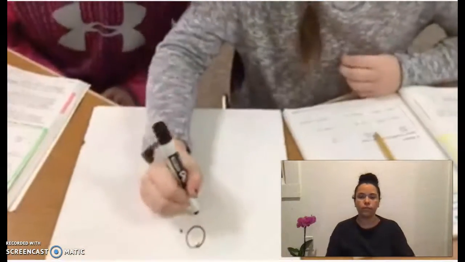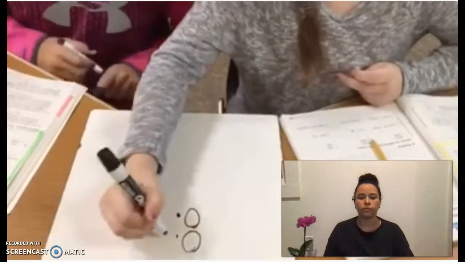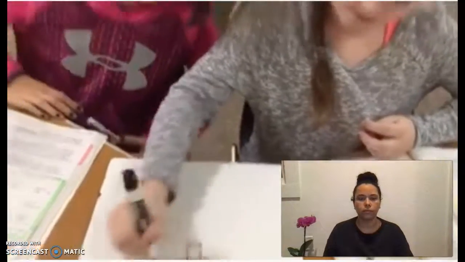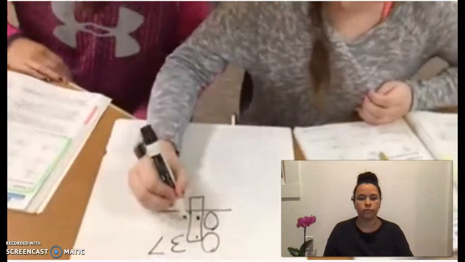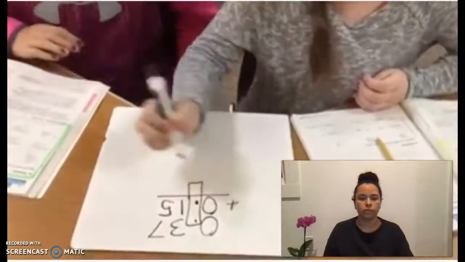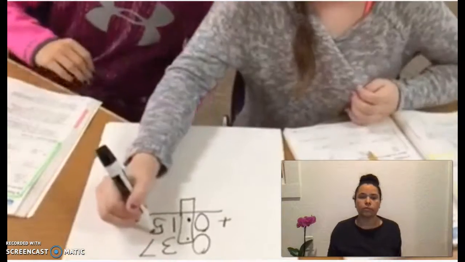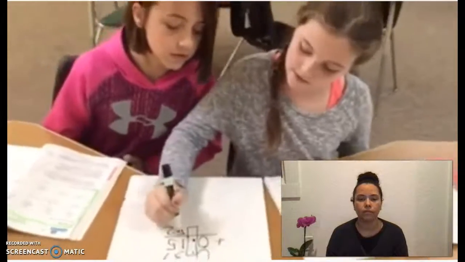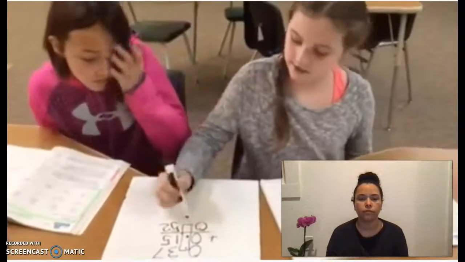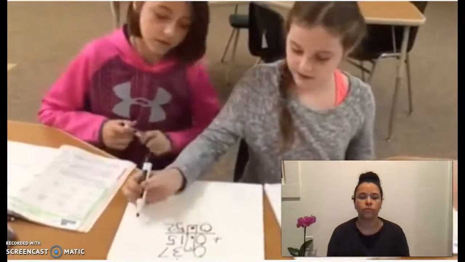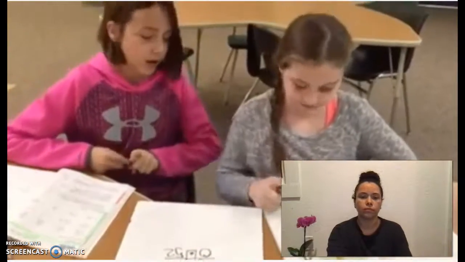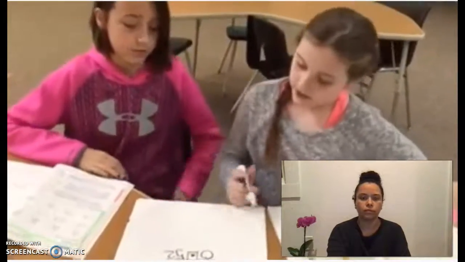First, I'm writing the numbers vertically, and then line up the decimals. I have 37 hundredths and 15 hundredths, so now I add them. 7 plus 5 is 12. Carry the 1, 5, and then 0, so 52 hundredths is the answer. And why is your answer reasonable?